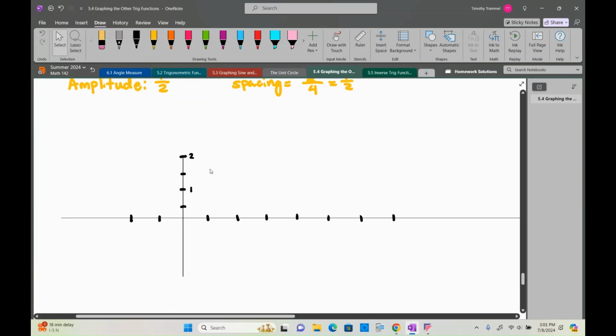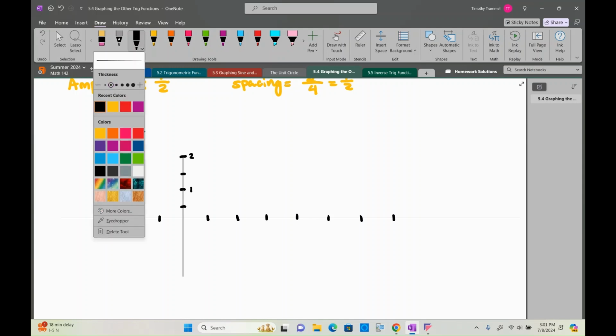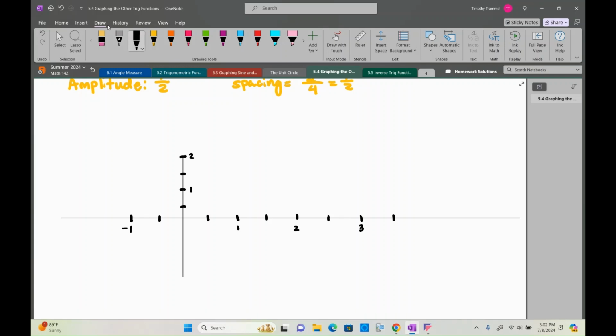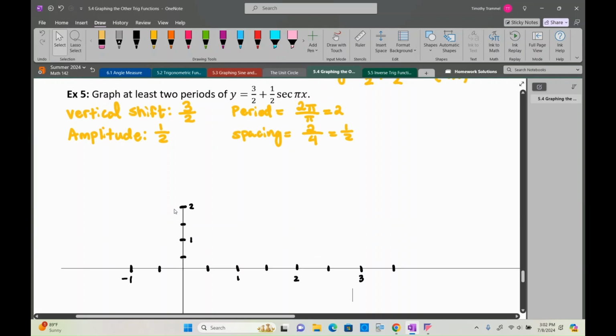Okay. So let's start off there, and I'm going to write in, again, maybe what we're counting by. We have a -1 here, a 1, a 2, a 3. There we go. And you could write in the minus 1/2, positive 1/2, 3/2, 5/2, 7/2, and so on. But I hope that that's clear that we're counting by halves with the way that this is pictured.